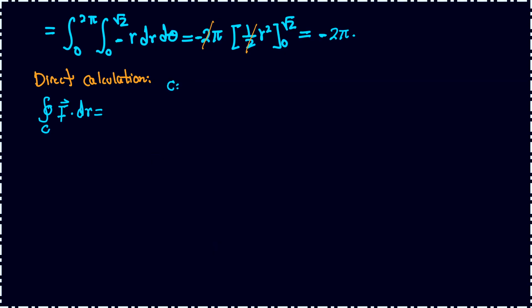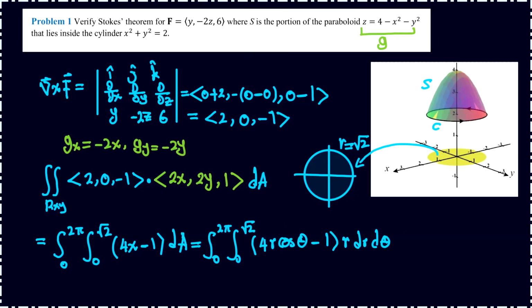The radius is again root 2. So the best parametrization is root 2 cosine t, root 2 sine t. And the k-hat component, well, let's look at the picture here.